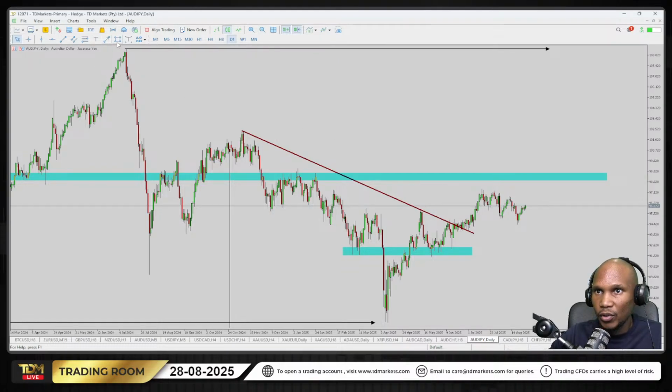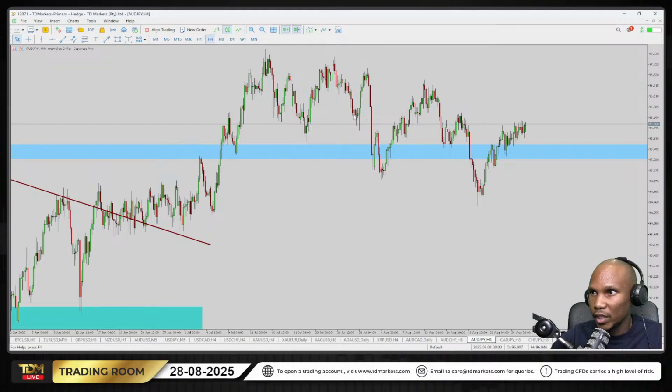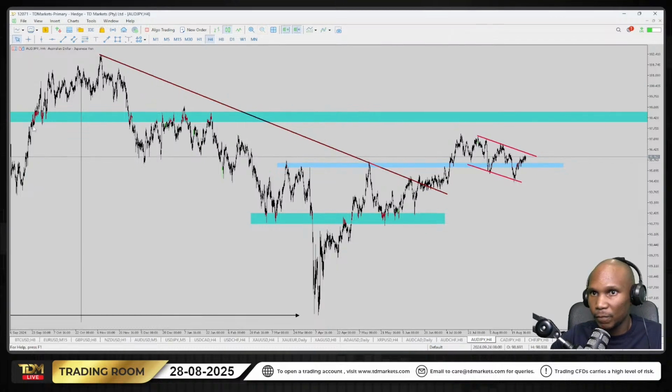And then we've got AUD JPY. Right? We've got AUD JPY, which is creating this structure here. Now this one, if it breaks above, right, I'm gonna go up with it, right? It has already created a low here.